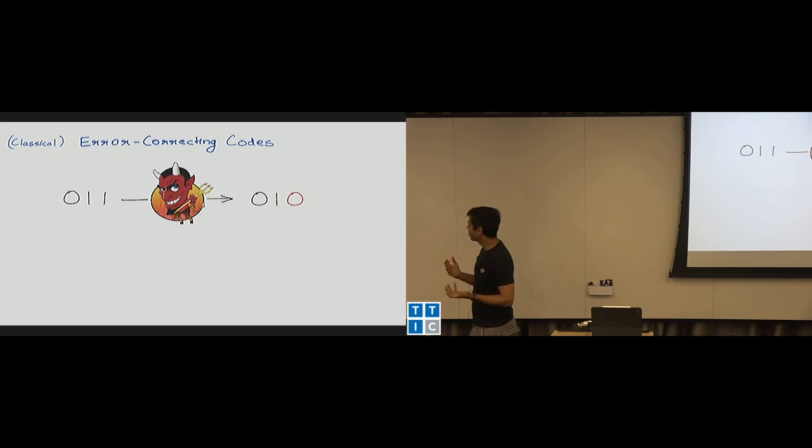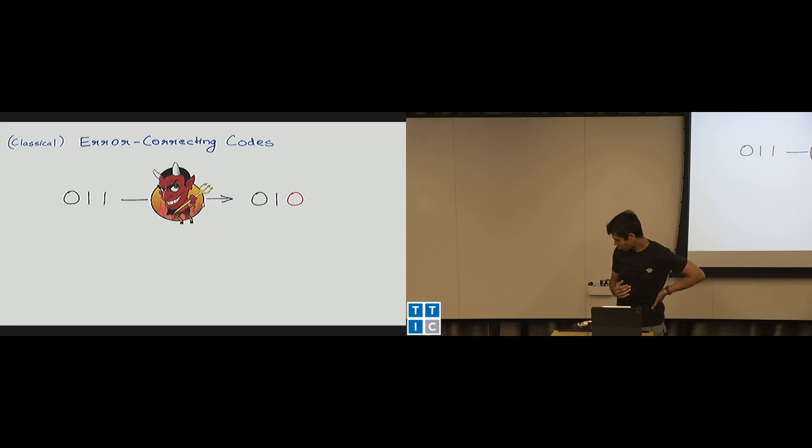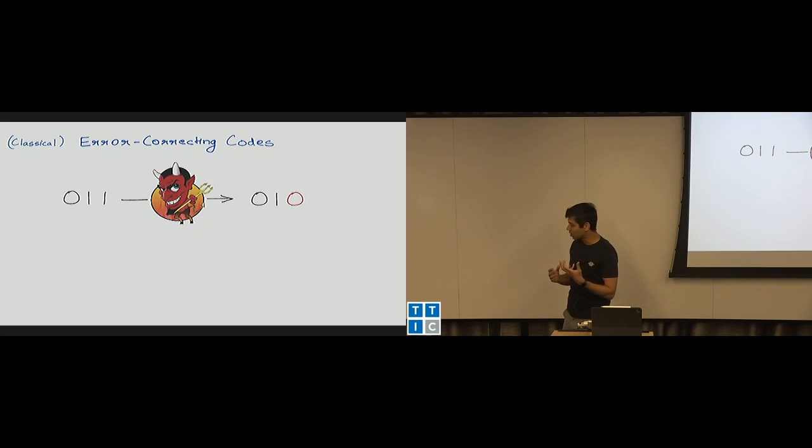So I'm trying to send you a message which is 011, let's say, and hopefully this picture reminds you of an adversary, which can corrupt some positions in this message. Error-correcting codes are about how to do this so that even after some corruptions, we can recover the message. We'll only deal with adversarial corruptions. There are also models where you work with random corruptions, but we'll not discuss them in this talk.